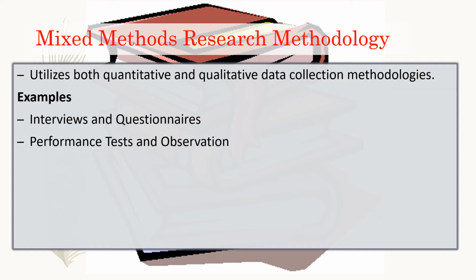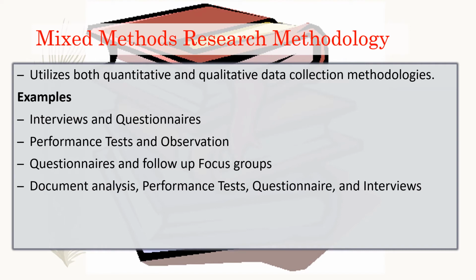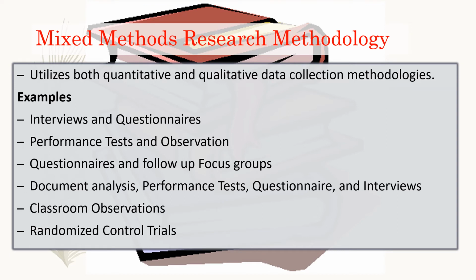You can give performance tests and observation. You can use questionnaires and follow-up focus groups, document analysis, performance tests, questionnaires, and interviews. You can also do classroom observations, and you can do randomized control trials, and many more. It depends on the design or the tool that you will be using in your research.